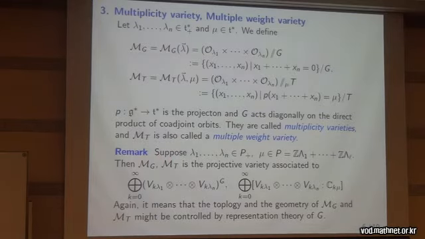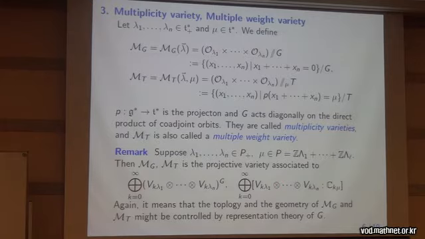Mg is Proj of this algebra, Mt is Proj of this algebra, where the summand here is the space of invariants in this tensor product, where k is a non-negative integer. Also, the summand here is the weight space of weight k mu in this tensor product.